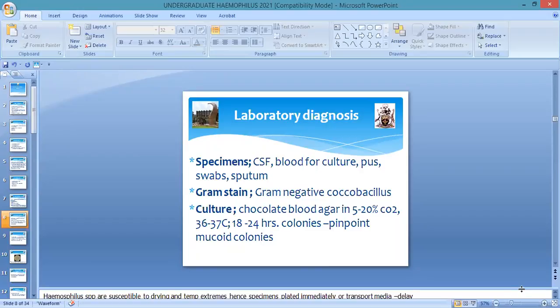Here, because the organisms are microaerophilic, you need to grow them in about 5 to 20% CO2 at around 36 to 37 degrees Celsius for 18 to 24 hours. Because they are slow growers, you may need to hold the cultures for about 72 hours before you discard them.